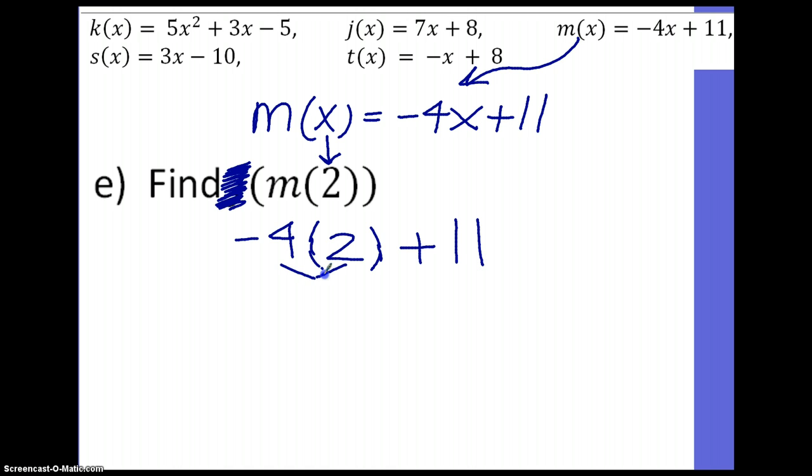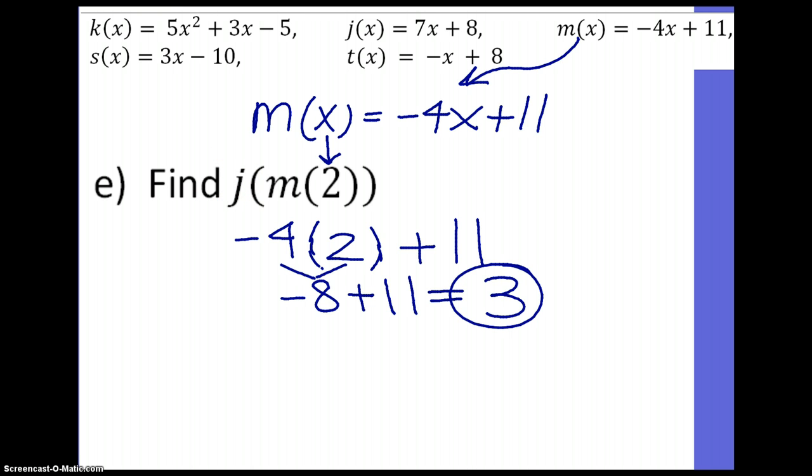Negative 4 times 2 is negative 8, plus 11 would be 3. So we know how to find m of 2. We just did it. We plugged in 2 for x on the m, and we came out with the number 3.